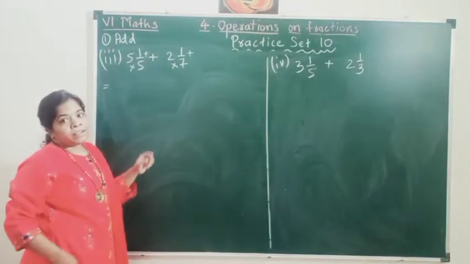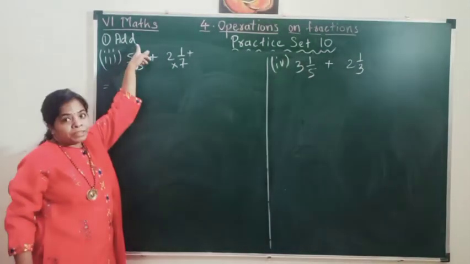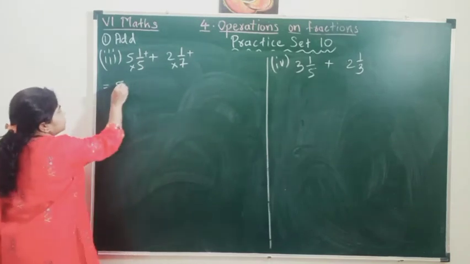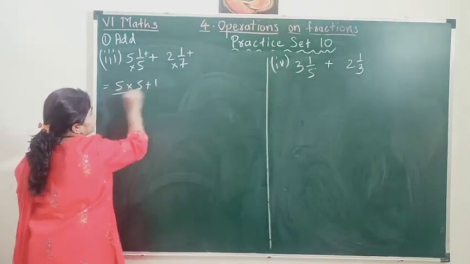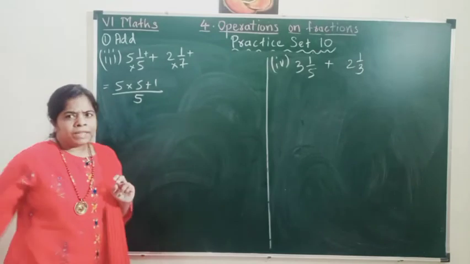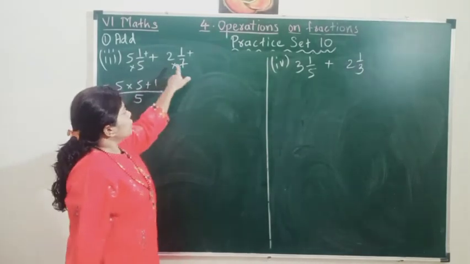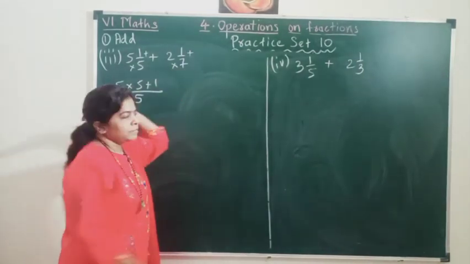5 5s are 5 into 5 plus 1. Denominator will be same. 2 into 7 plus 1.